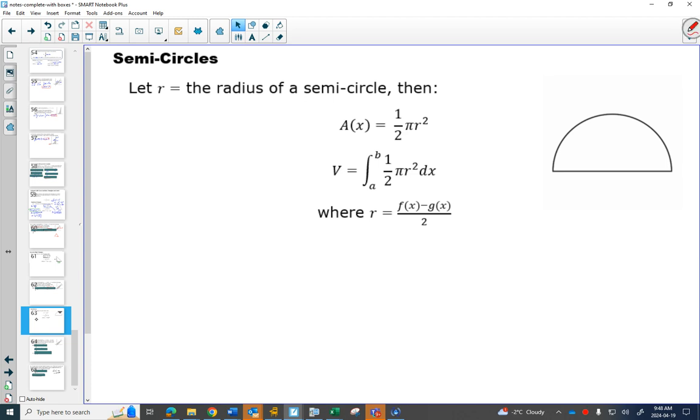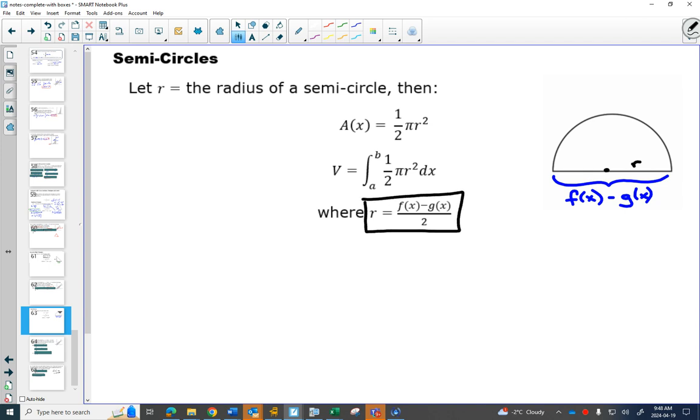And the radius goes from here to here. But this whole length, if this is the cross section, would be the one function subtract the other function. So does it make sense that our radius would be f of x minus g of x cut in half?